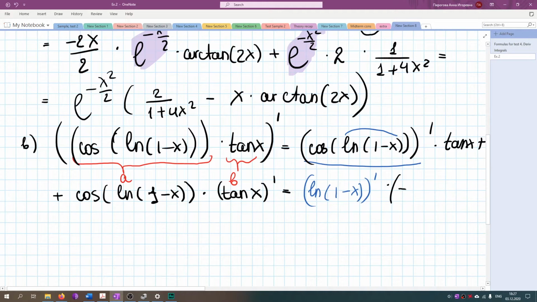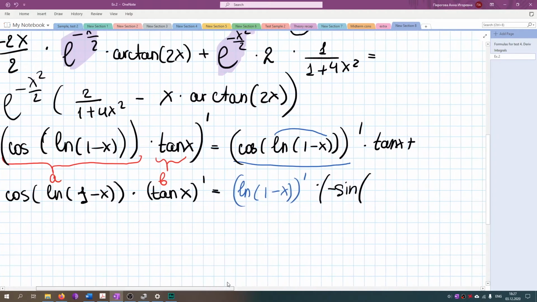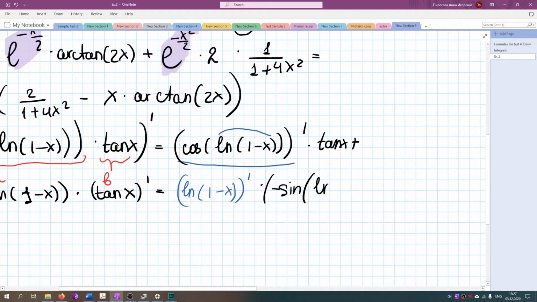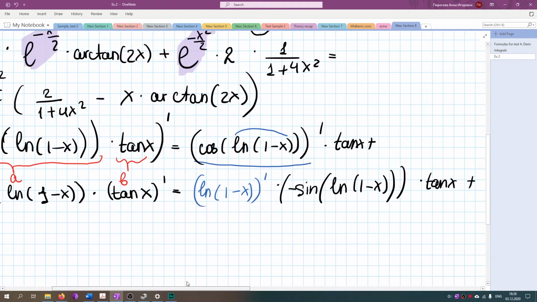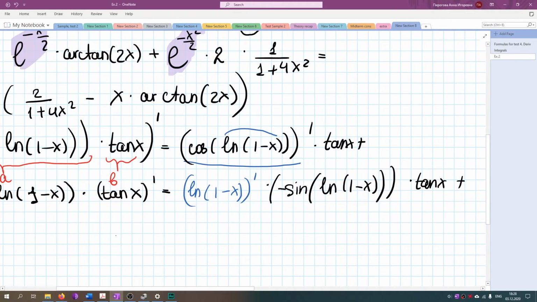So we will write minus sine, and our argument will be inside this function, and multiplied by tangent of x.